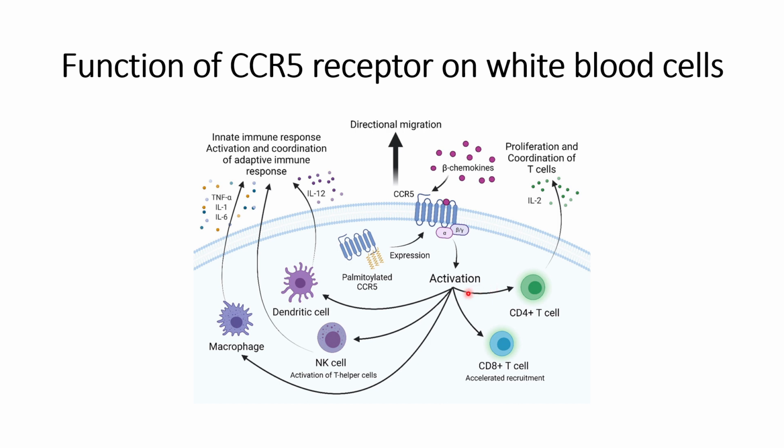And another thing that it activates is other immune cells, that is CD4 plus T cells and CD8 plus T cells. That is, it will accelerate the recruitment of CD8 plus T cells, and this leads to the release of interleukin 2.